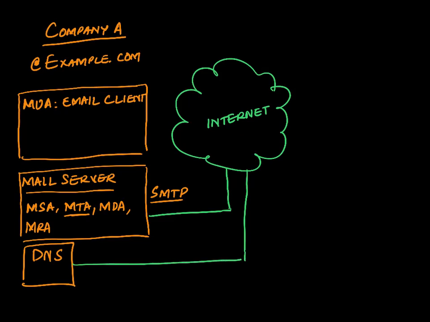One thing is very important: DNS is a tool that advertises the IP address of the mail server of example.com. So let me explain. The host name of the mail server is mail.example.com. Let's say this is the host name of the machine that has the email server running.